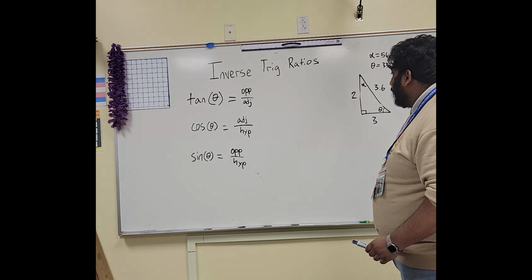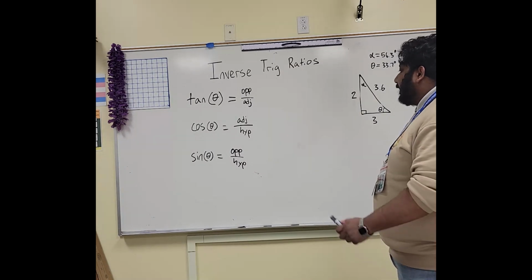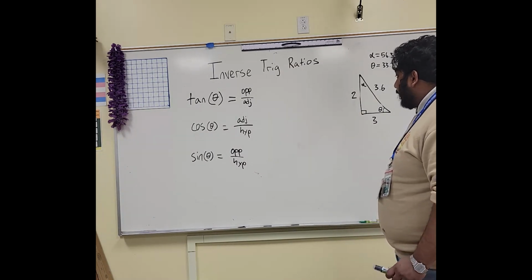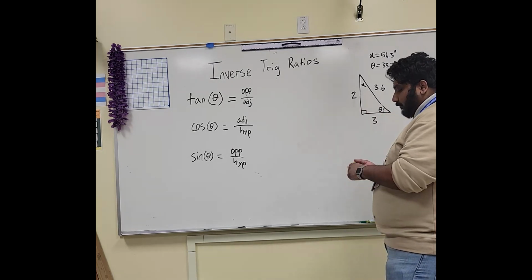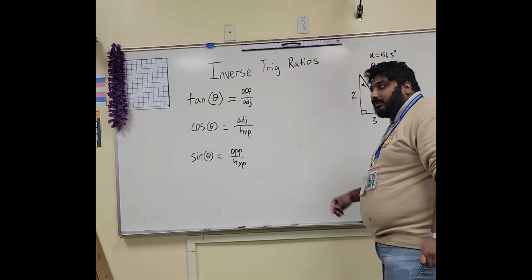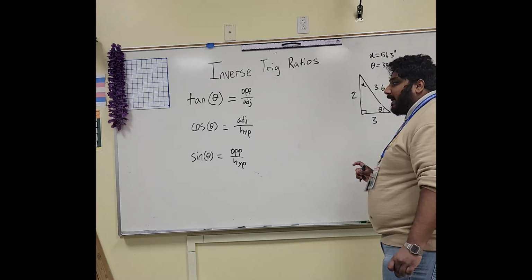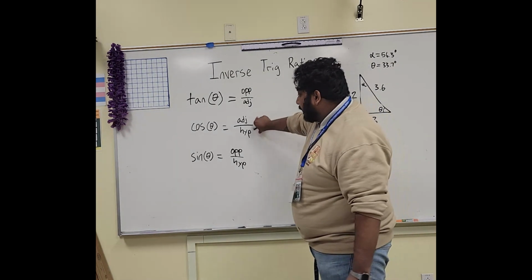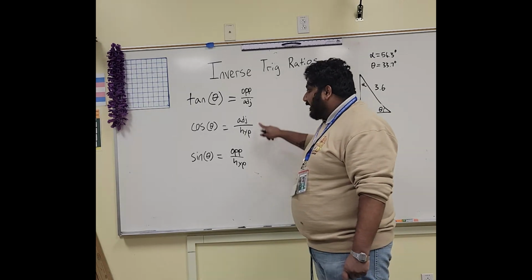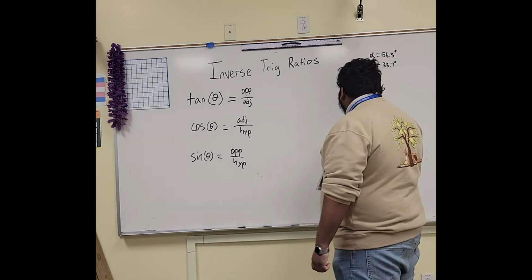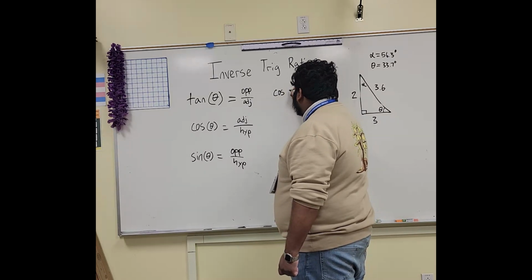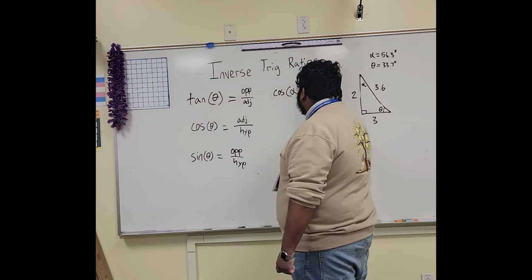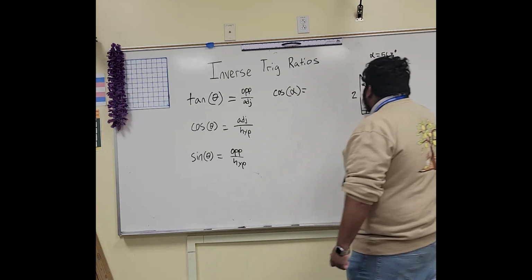Okay, so let's use cosine to solve for alpha. Remember, we don't use the inverse function until after we've set up our main equation. So we're still using these equations, but we're setting them up first. So let's do cosine of alpha. Alpha's over here.